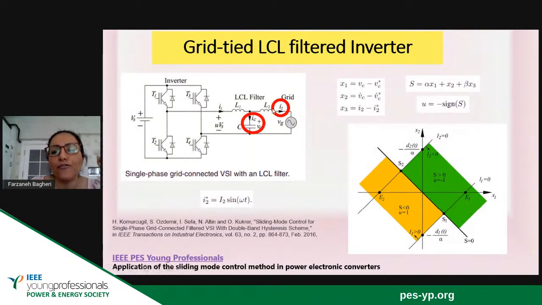So I will define three state variables, x1, x2, and x3. x1 is the capacitor voltage error, x2 is the derivative of capacitor voltage error, and x3 is the inductor current error, or let me call it the grid current error.